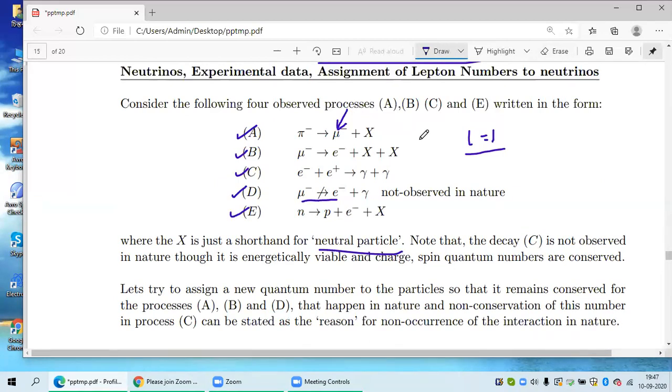And demanding that, I will assign L to all the particles accordingly, so that there is no conflict: a single particle will always attain a unique L. If there is a conflict between the assignment of L of a single particle from two different reactions, then our scheme will break down. Clear?